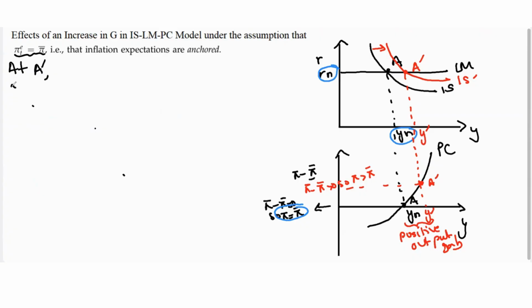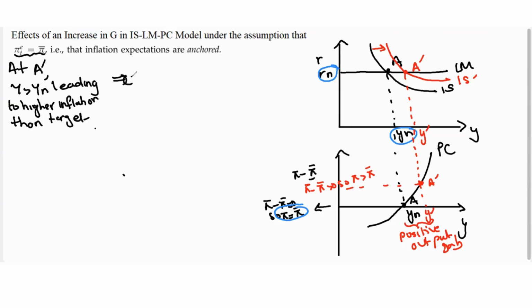At A prime, y is greater than yn, a positive output gap leading to higher inflation than target. Pi is greater than pi bar.